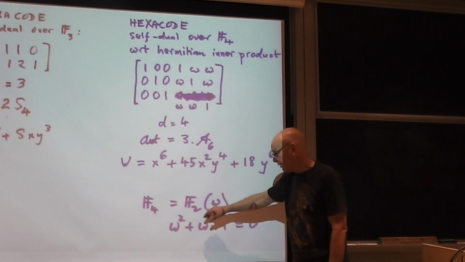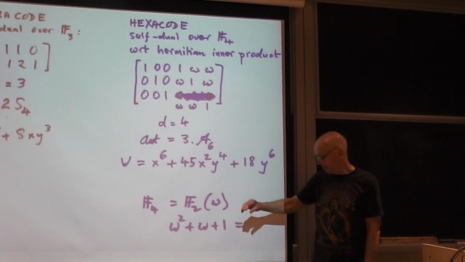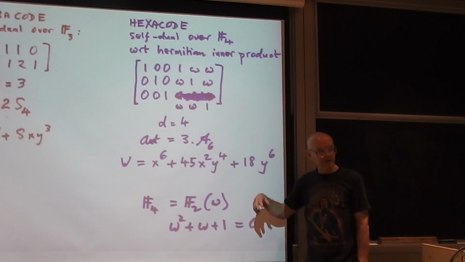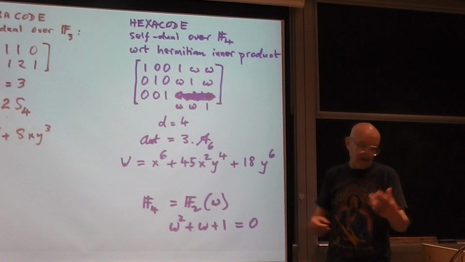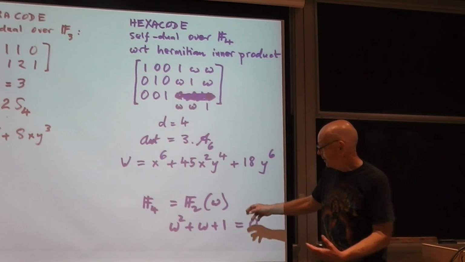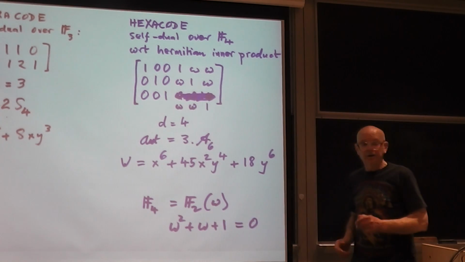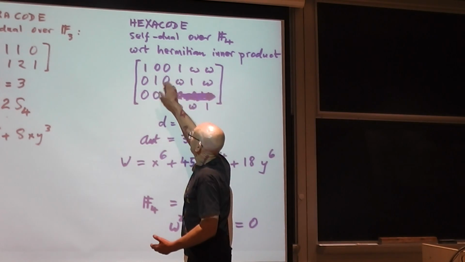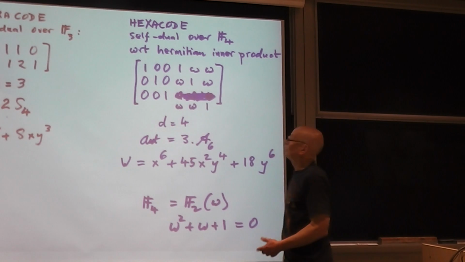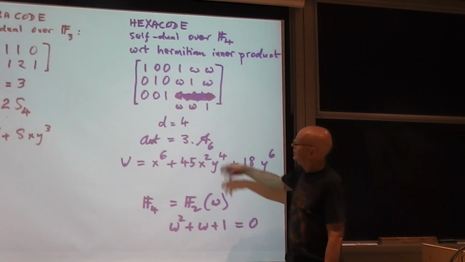We have conjugation, which is mapping omega to omega squared, and so the Hermitian inner product is you take the sum of a_i, b_i bar, where the barring means you square the elements. So a generator matrix for this looks like this. 1 naught naught, 1 omega omega, and so on.